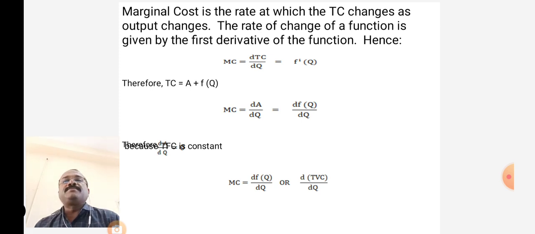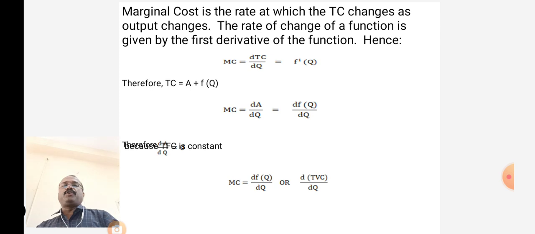So MC, the marginal cost, is always df of q divided by dq, or you may call it d of TVC, the total variable cost, divided by dq, the derivative of q, that is output.